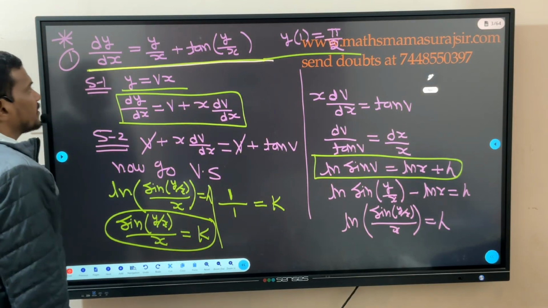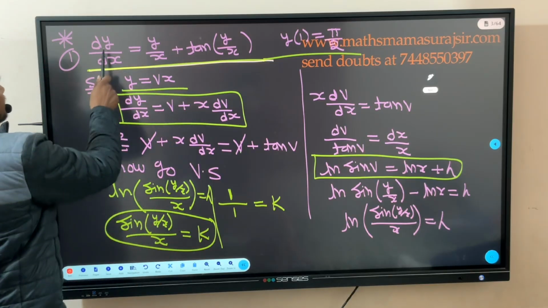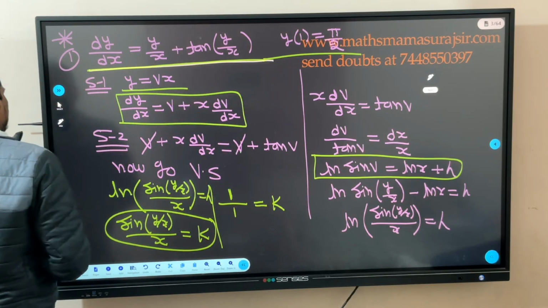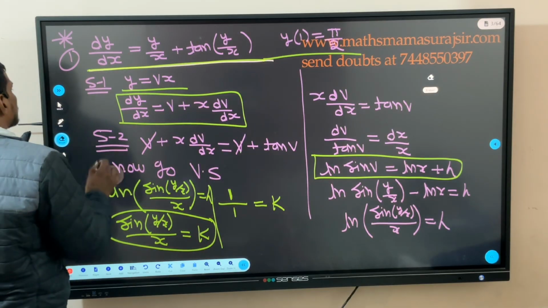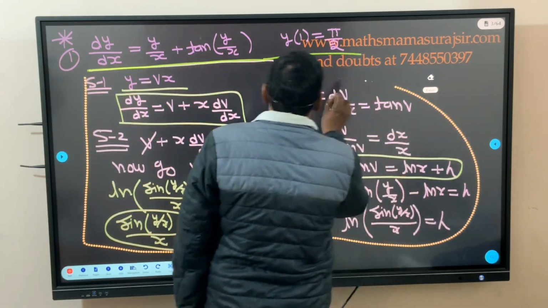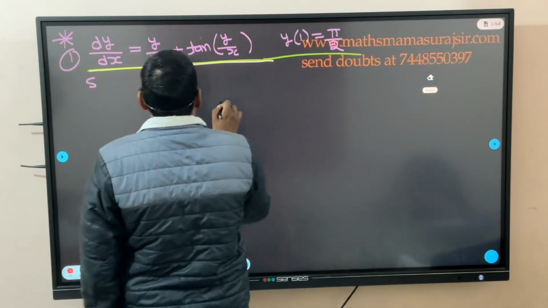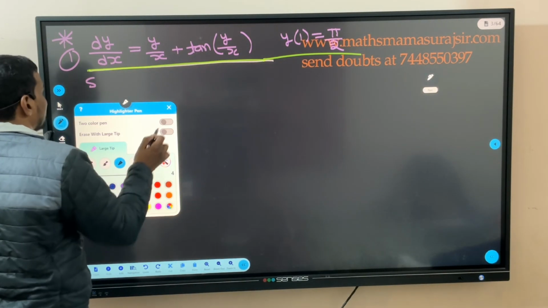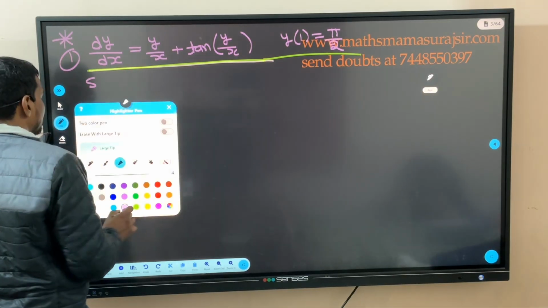See how to solve a question. The question is here: dy by dx is y by x plus tan of y by x. See how we are going to solve this by the two-step procedure that we have just understood. What is step number 1, guys?